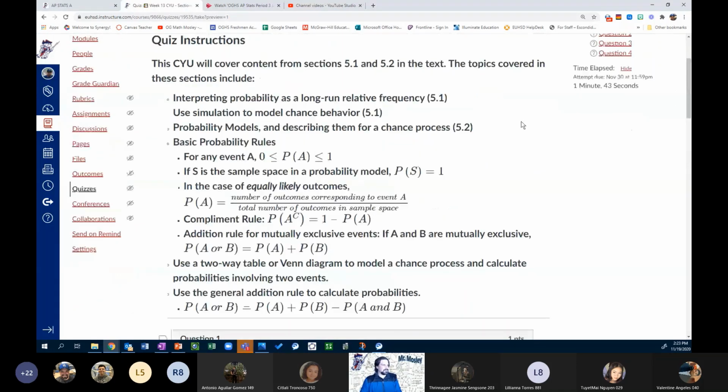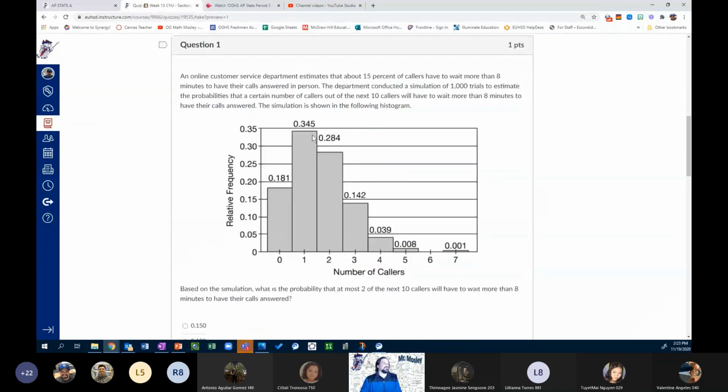Here's just some things that you should know. First question, you're going to use a relative frequency table where having 0 callers waiting more than 8 minutes has a 0.181 probability of happening and so on. The numbers at the top of each row or each column represent the probability of that number of callers.